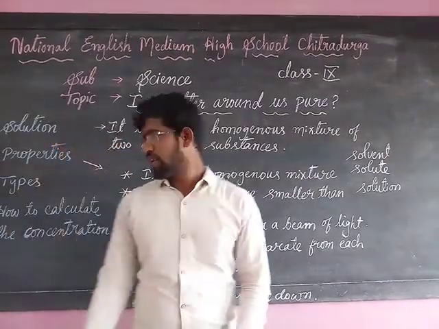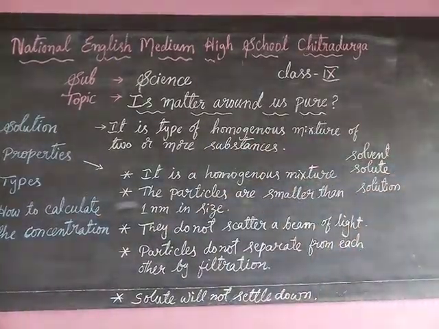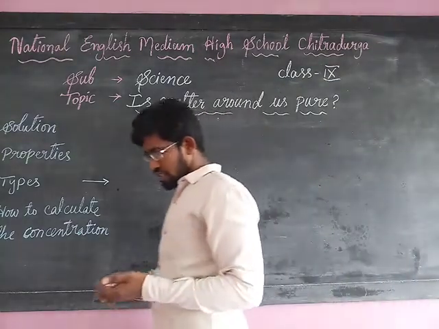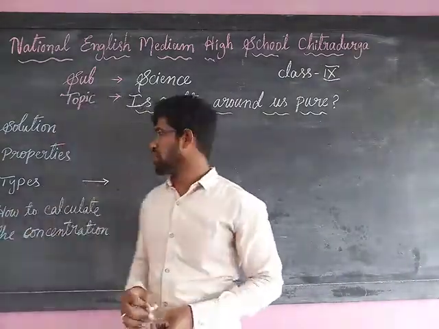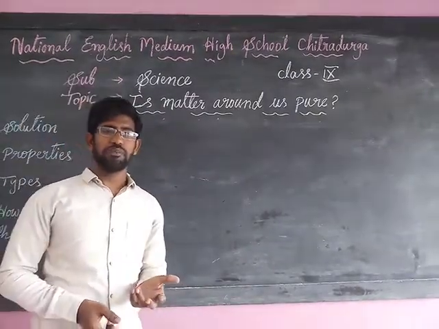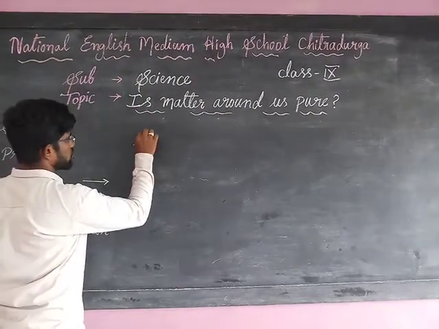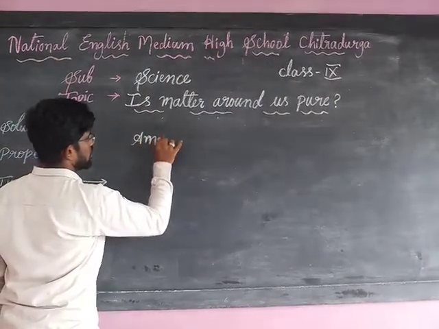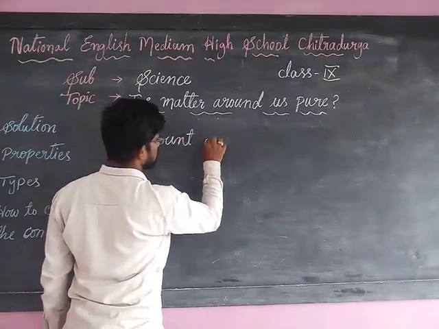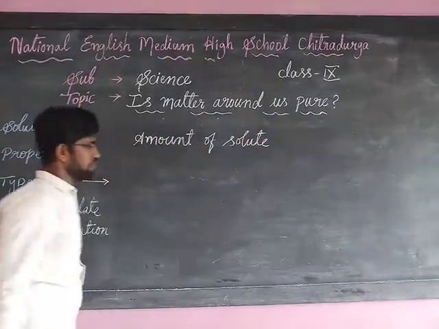After knowing this, let me see the types of solution. Now next, the types of solution. The types of solution differ depending upon the amount of solute. Remember, depending upon the amount of solute dissolved in the solvent, the solutions are of different types.